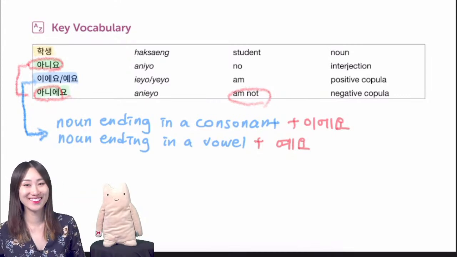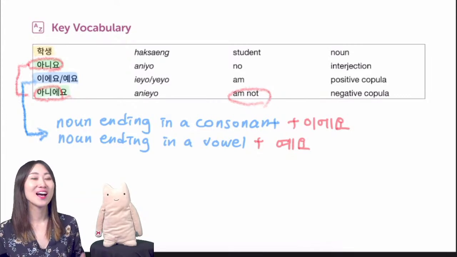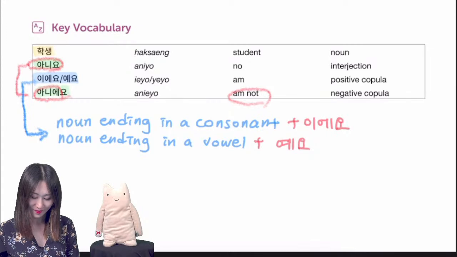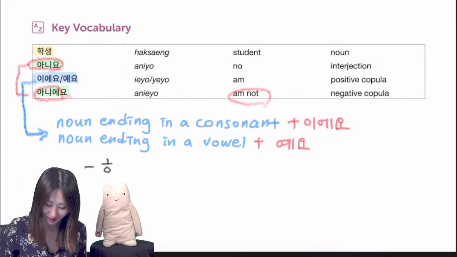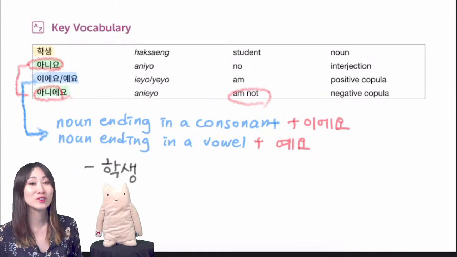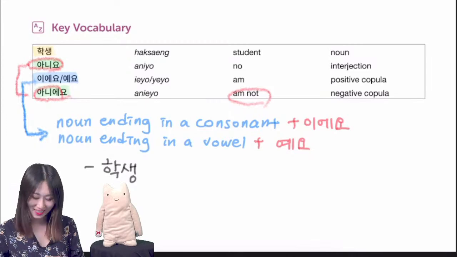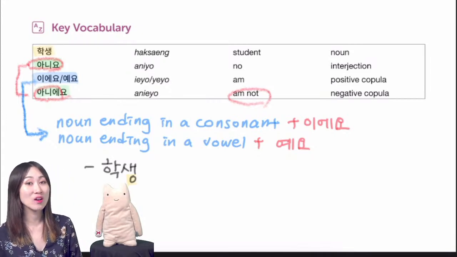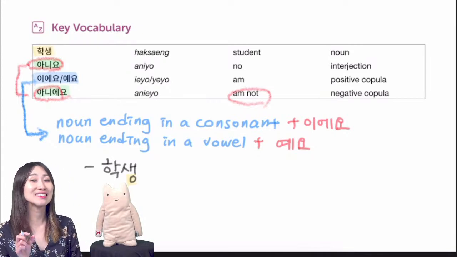Shocking, right? So for example, 학생. Do you know this word? 학생 means student. Yes, you know this word. Do you see this? Yes, it ends with a consonant. 생, kind of an ng sound, right?